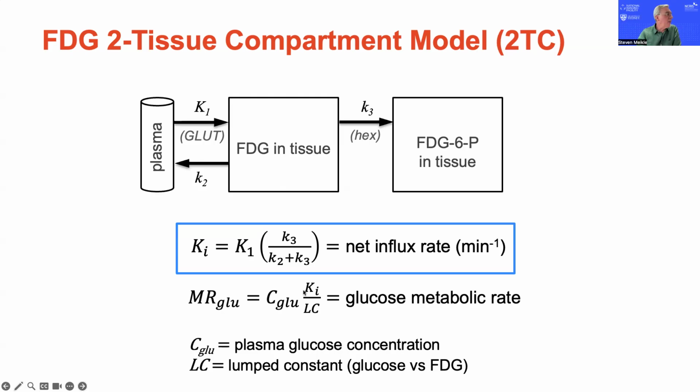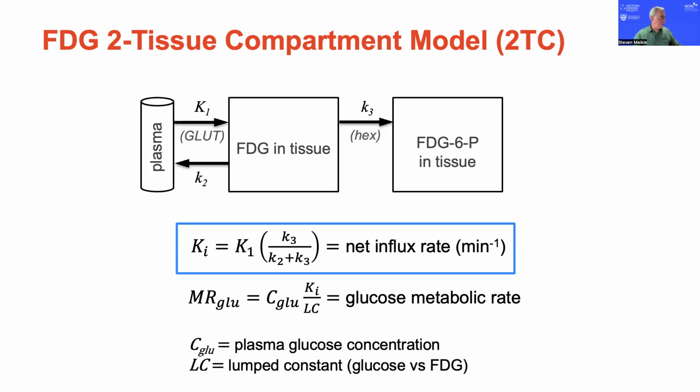But to do that, we need to estimate Ki, we need to measure the glucose concentration in the blood at the time, and we also need to estimate this so-called lumped constant, which takes into account all the differences in behavior of glucose, the different metabolic rates of glucose and FDG. Usually, we don't bother with this extra step. The Ki is already a nice quantitative parameter that has direct physiological meaning.